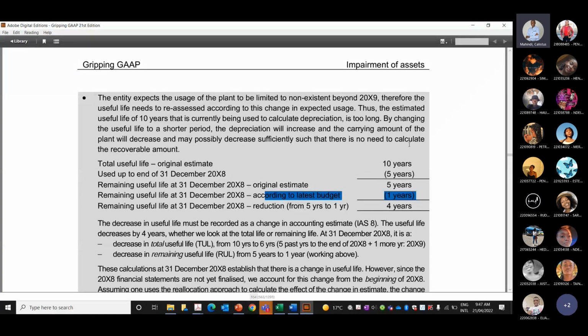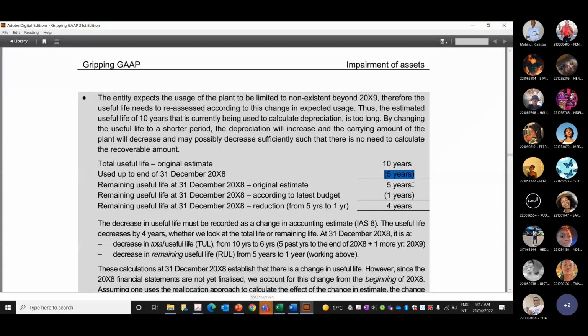If we calculate, the total useful life was given as 10 years. So up to 31 December 20X8, there would be 5 years that would have been used up. And if 5 years were used up, it means that there will be 5 years remaining.